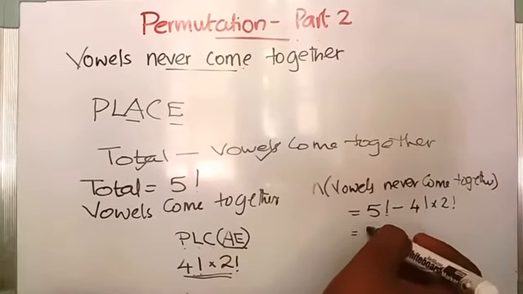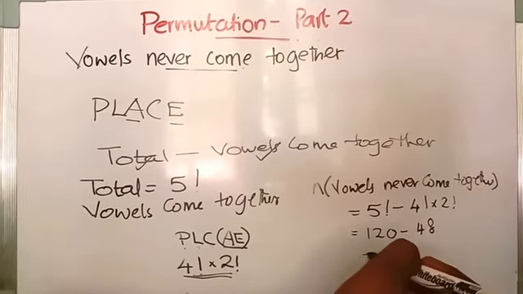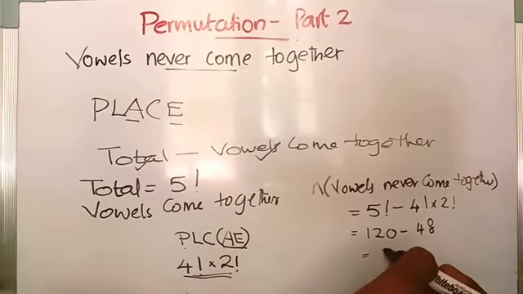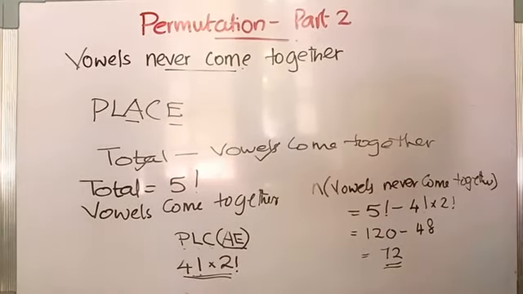We get 120 minus 48. Just do the subtraction, we get the answer as 72 ways. So 72 ways we can make the arrangement such that vowels never come together.